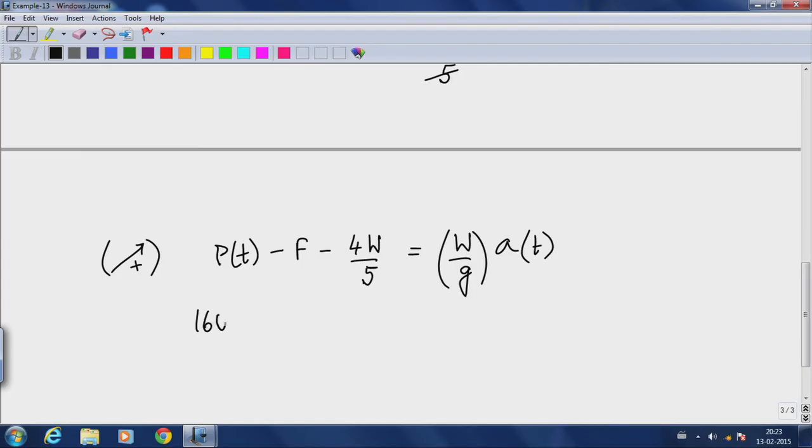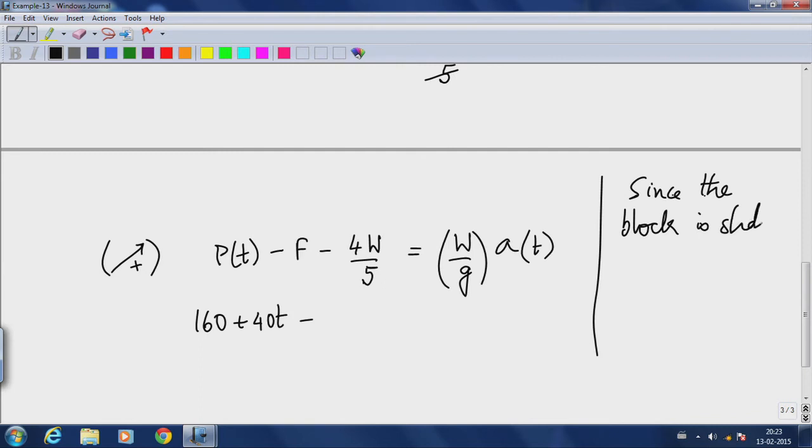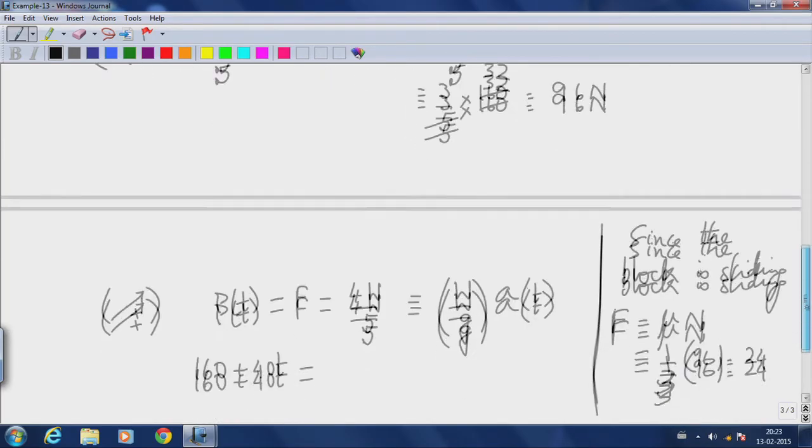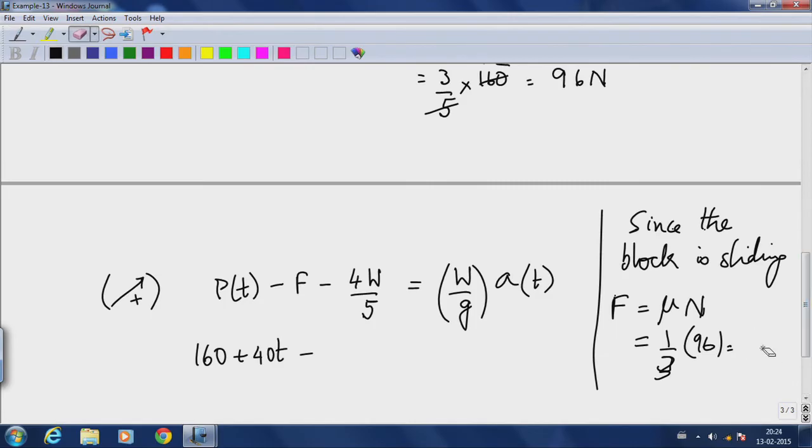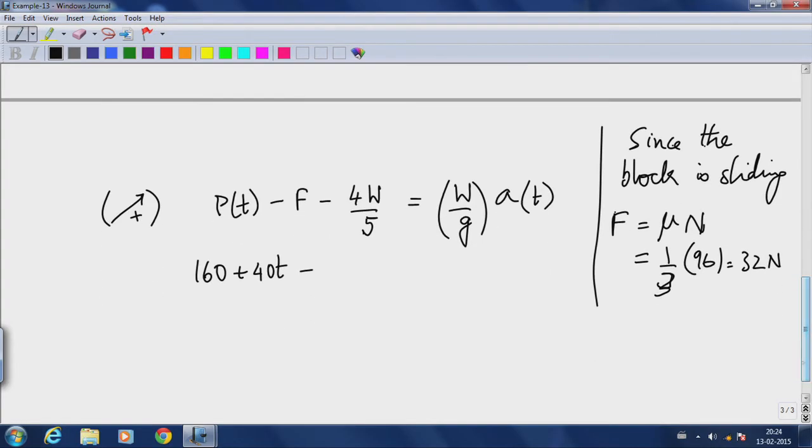So, let us plug some numbers in here. 160 plus 40 t minus, since we know the block is sliding, F equals mu times N. So, that is 1/3 of 96, that is 32 newtons.